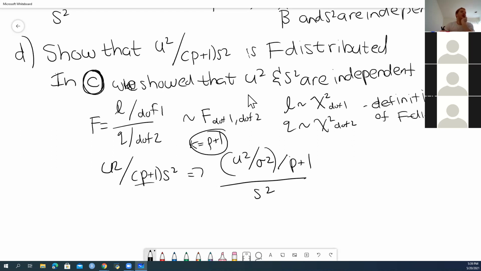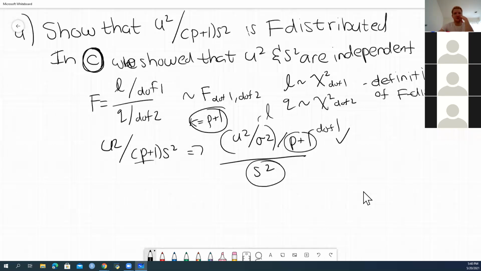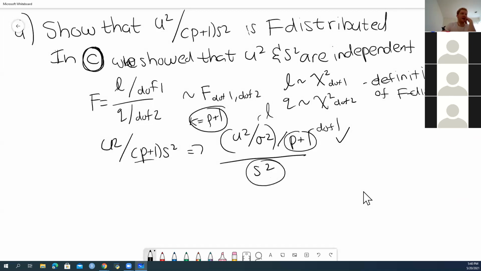So we're already good on the top, right? This is the degrees of freedom 1, and this is our L, chi squared P plus 1. The bottom, I'll leave up to you a little bit more. Try to look through the notes for the distribution of S squared. Actually, I divided by sigma squared on top, so I also have to divide by sigma squared over here. You're going to have to manipulate this a little bit.